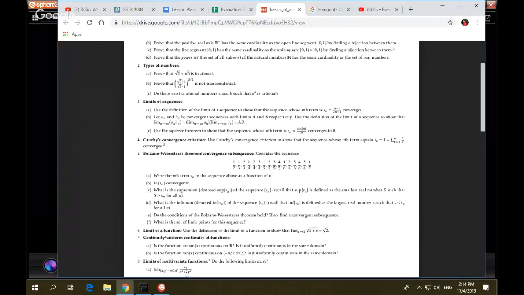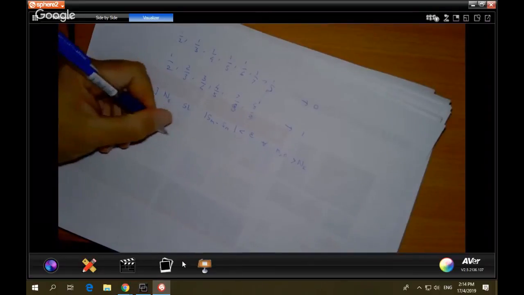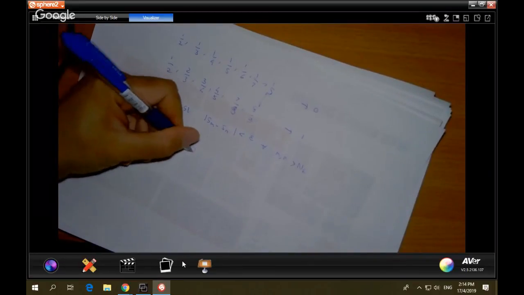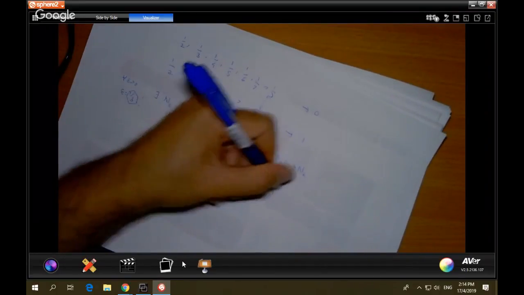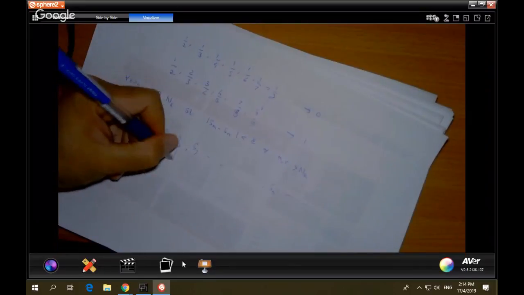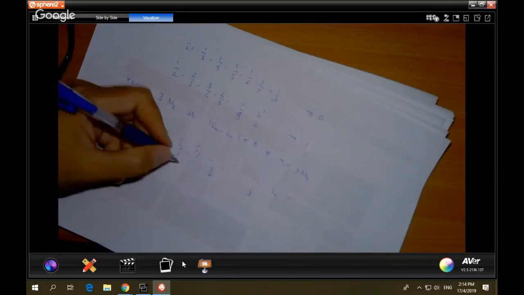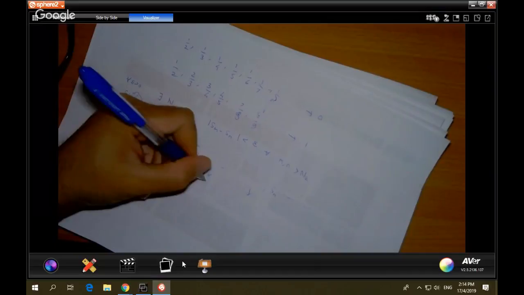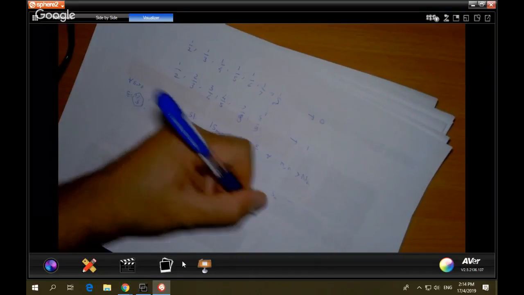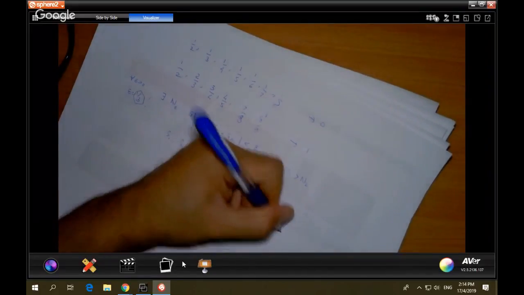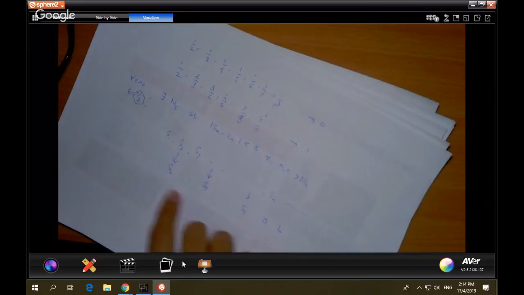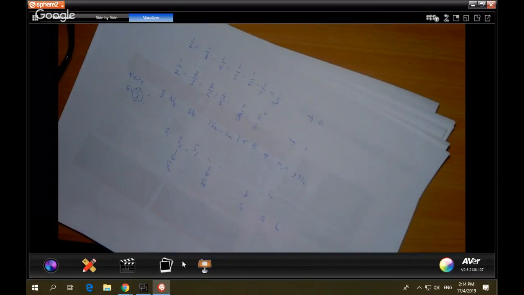Suppose someone gives us a sequence like S1, S2, S3, ..., Sn, ... If I can find a subsequence, maybe S2, S5, S7, ..., that converges to some limit point L, then this L will be a limit point.